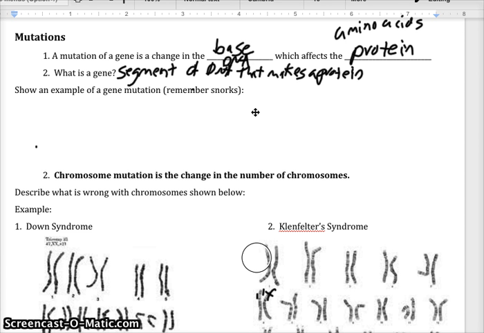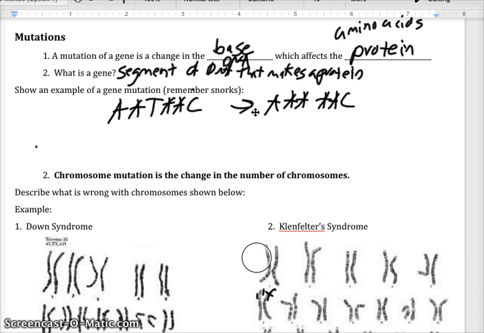An example of a gene mutation is if you have AAT, AAC, and then that gets mutated to AAC, AAC. That will then code for different amino acids. I don't have the chart in front of me, but let's say this one is Leu, and then this is Cys.